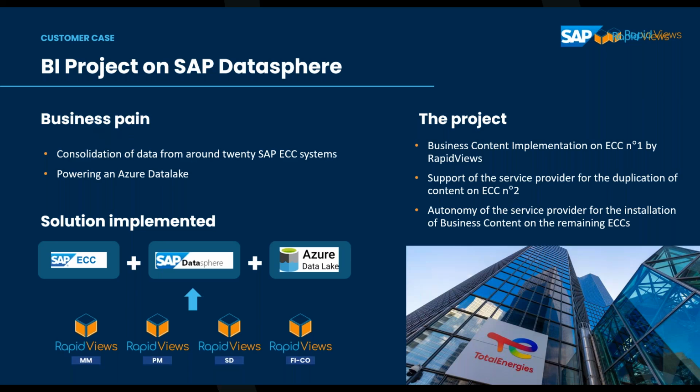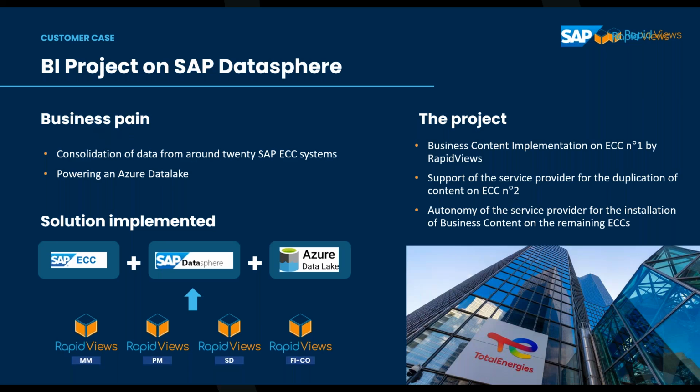They are using SAP Datasphere and our Rapid Views to extract all the information from these ECC systems and S/4 systems. They put all the information on SAP Datasphere. Thanks to our Rapid Views predefined schema, or business content, they structure all this information and aggregate it from all these different ECC systems.